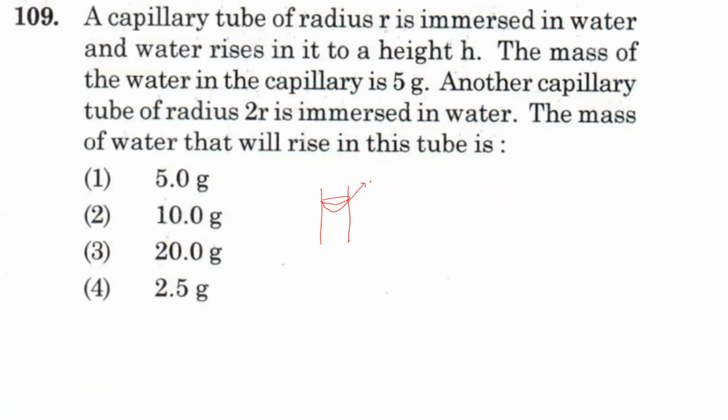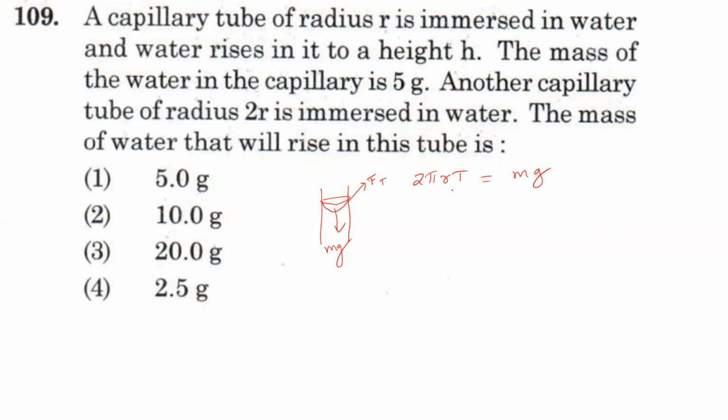Here the force due to surface tension will be acting in this direction and the mg force will be acting in this direction. The vertical component of force balances mg. The surface tension force is 2 pi r into T, that is equal to mg.